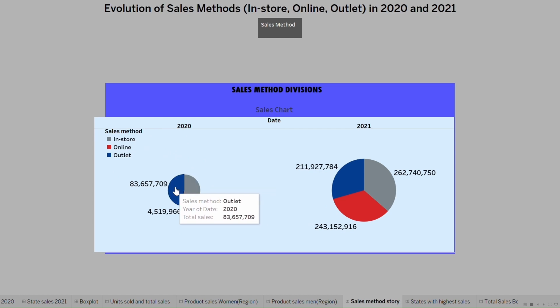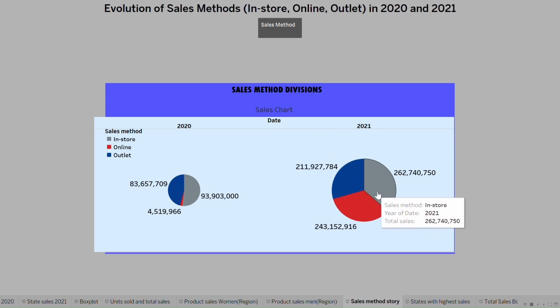The outlets made 83 million sales, and then online was around 4.5 million, as compared to 2021, where the in-store moved from 93 million to 262 million, and then the outlet moved from 83 to 211 million.